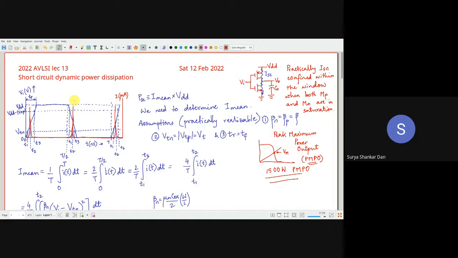So in those cases, at every beat, the beat will occur at T by 2, remember. So every transition, whenever there is a beat, this current will essentially be huge. So if the PMPO rating is less, you will think that the average current is always very less, average power is always less, so why bother about the PMPO?